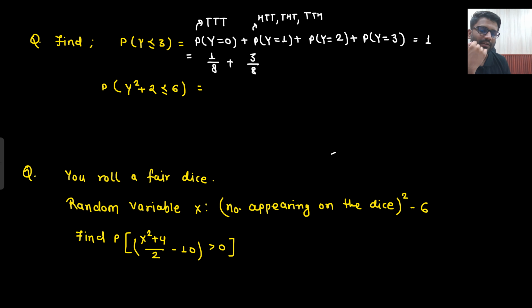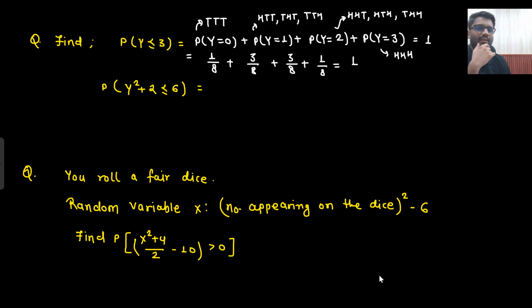What about number of heads equals 2? Head head tail, head tail head, tail head head. So 3 cases out of 8. And number of heads equals 3? That should be head head head. So 1 case out of 8. What you are getting? 1 only.